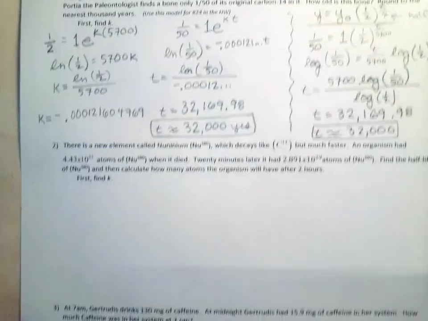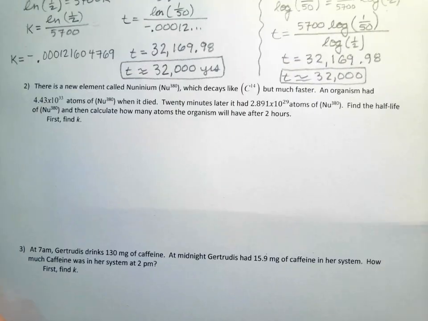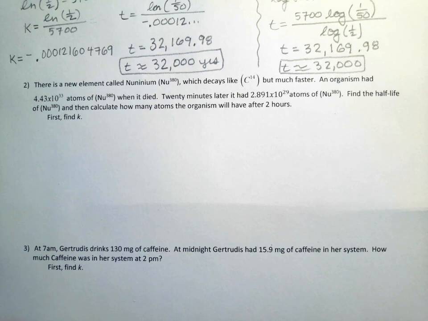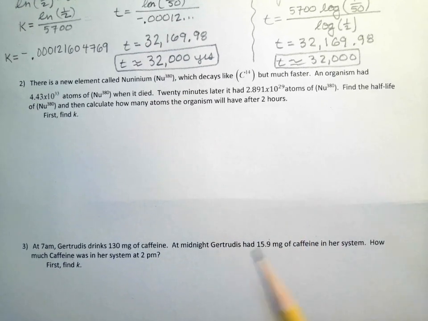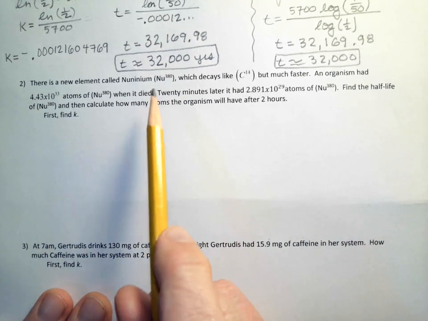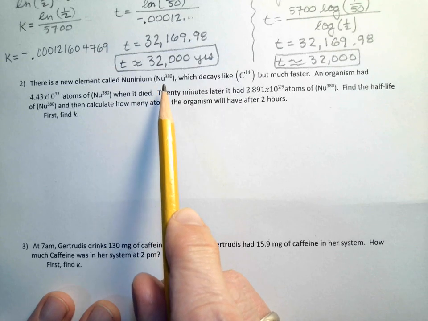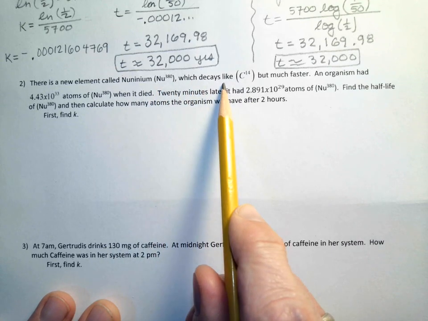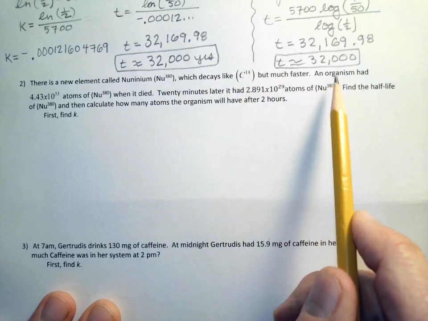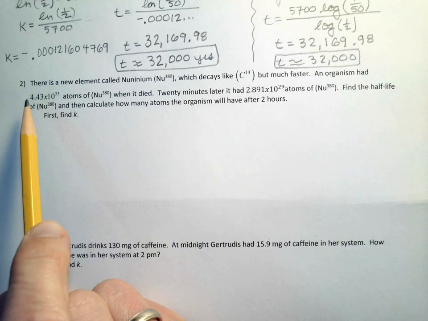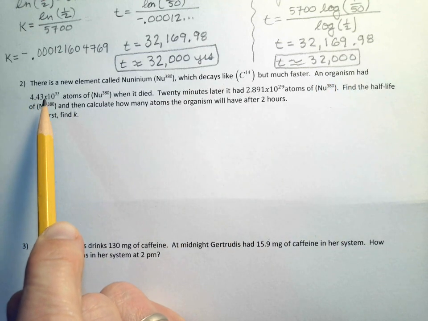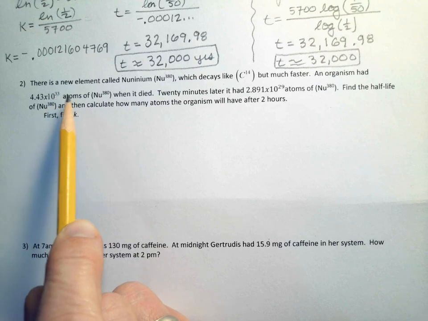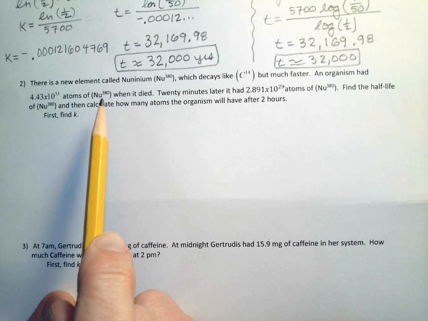All right, number 2. Let's do this one. There's a new element called neunium. Totally fictitious, by the way. And the symbol is Nu-380, which decays like carbon-14 but faster. An organism has 4.43 times 10 to the 33 atoms of neunium-380.